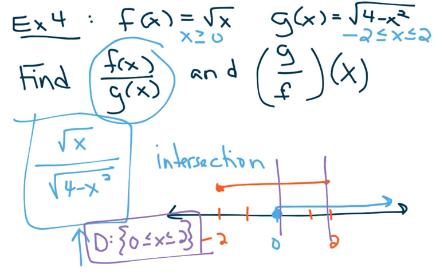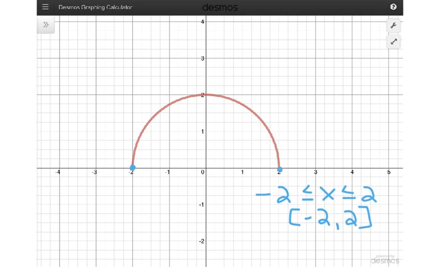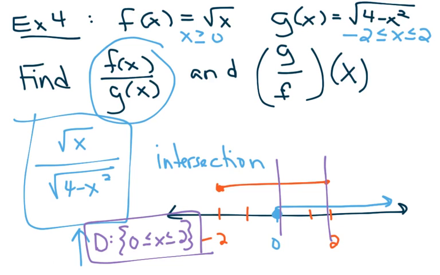So first I had to find the domain of f of x. Then I had to find the domain of g of x. I'm particularly fond of using the graphs to help me find domain. Then, in order to find the domain of the new function, I found the intersection of those two domains. I'm going to do this again for g over f of x. If instead I put this on the top and this on the bottom, wait a second, the domains of each individual function are the same.